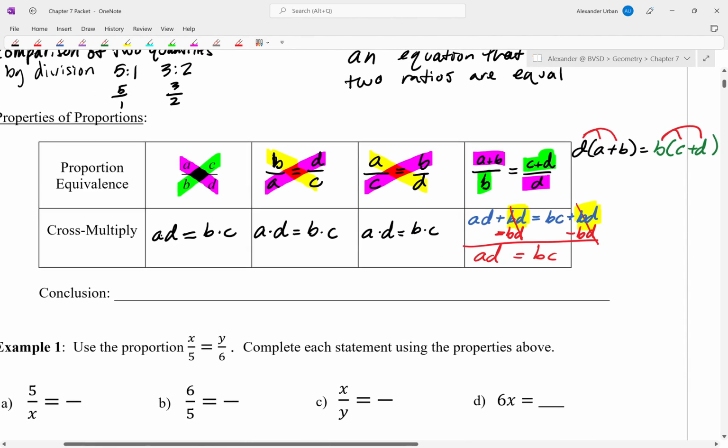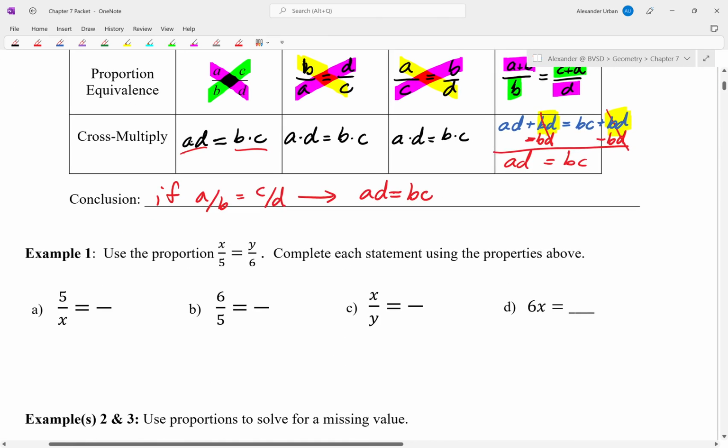They are the same because they all equal AD and BC. So the conclusion here is two ratios that are equal can be written into multiple equalities. Or if A over B is equal to C over D, then AD equals BC.